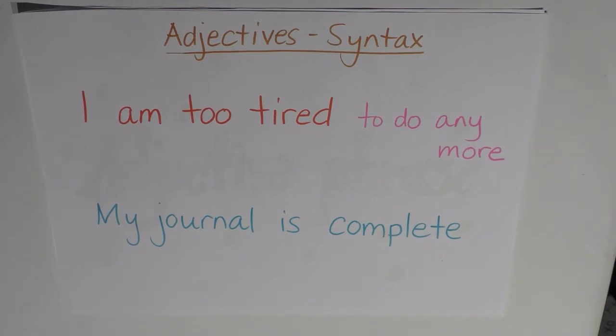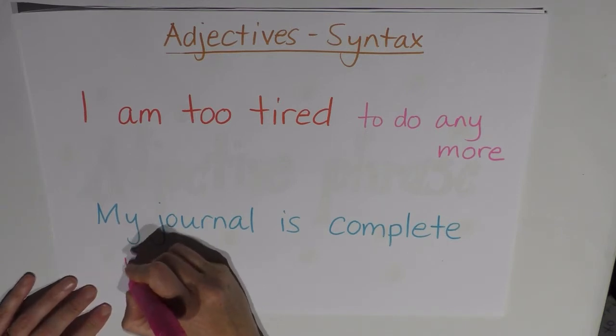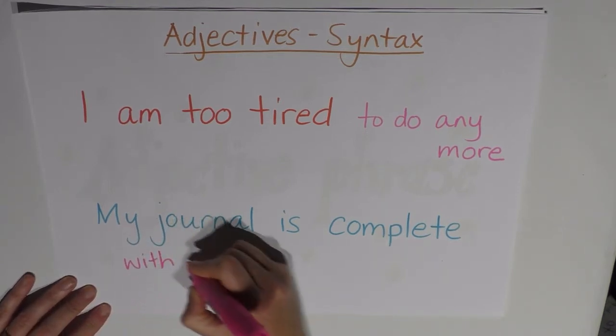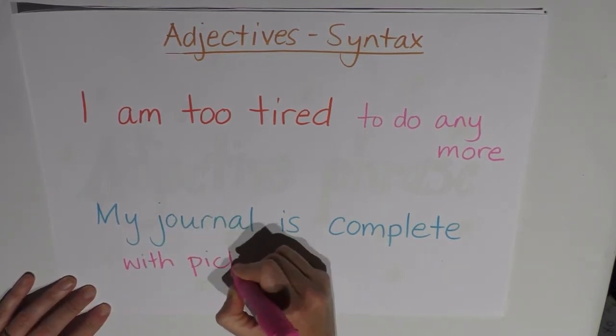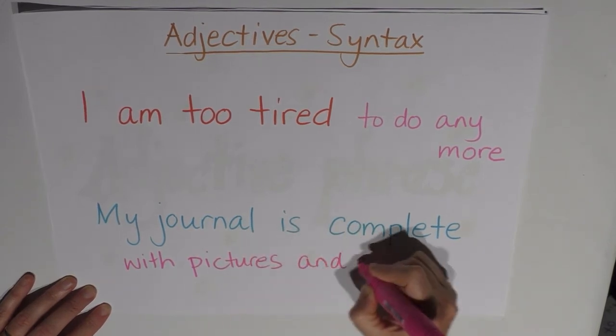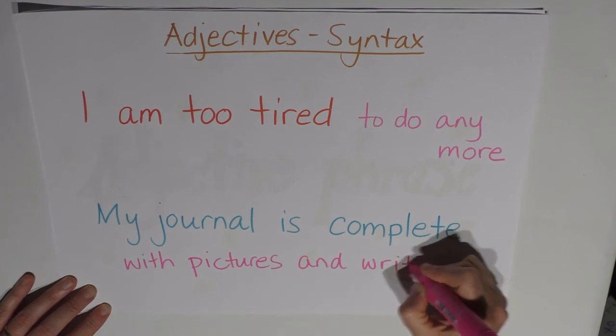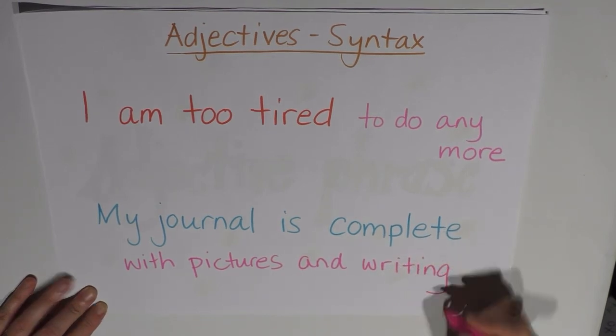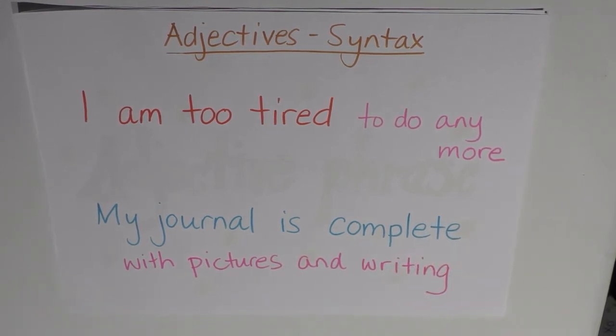Well, I'm too tired to do any more. Similarly, my journal is complete. I can add on a prepositional phrase here with pictures and writing. Now this is actually clarifying how complete it is. So it's clarifying the adjective complete.